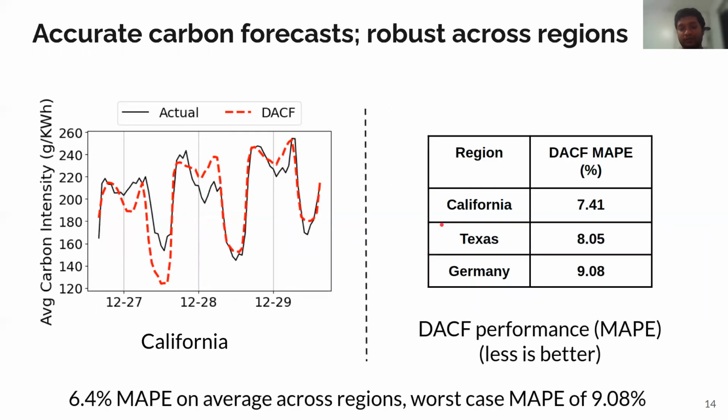Quantitatively, we measured DACF performance in terms of MAPE, and we see that DACF achieves 6.4% MAPE on average across regions, with a worst-case MAPE of 9.08%. Thus, DACF provides accurate carbon intensity forecasts and is also robust across geographically distributed regions.